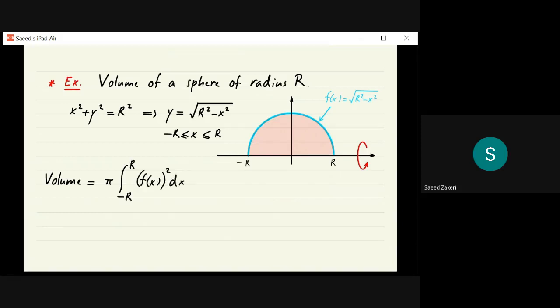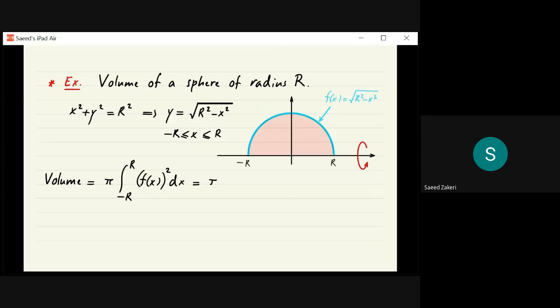But what is f of x squared? We're lucky because f has this square root in it, but my formula has a power 2 in it. So when I square my f, I get rid of that radical, and things will simplify. So that's a good coincidence.